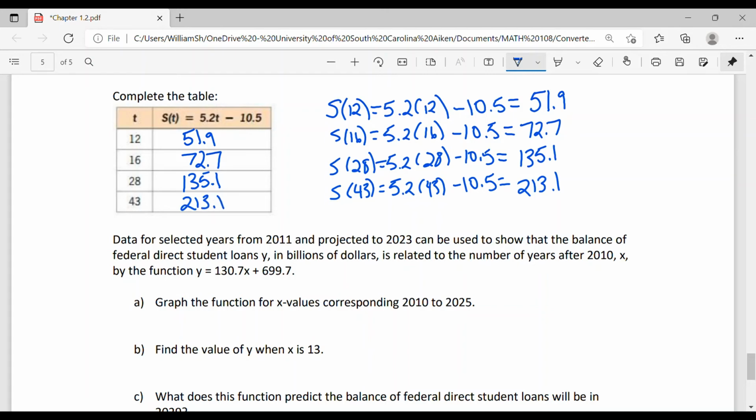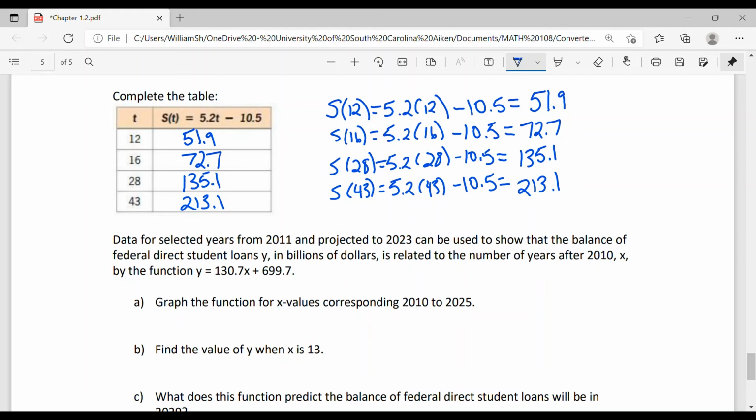Now there are other ways you can do this. You can plug your s of t function into your y equals on your calculator, and you can go second table, and you can scroll down to each one of these individual x values or t values here. So you could scroll down and you could find when your x is 12, when your x is 16, when your x is 28, when your x is 43, and it'll give you these same values in your table.